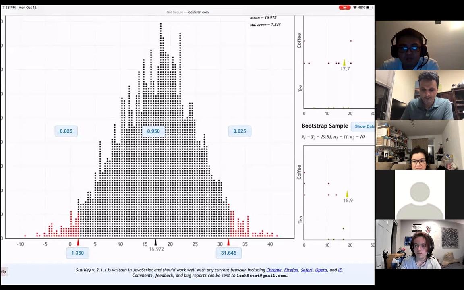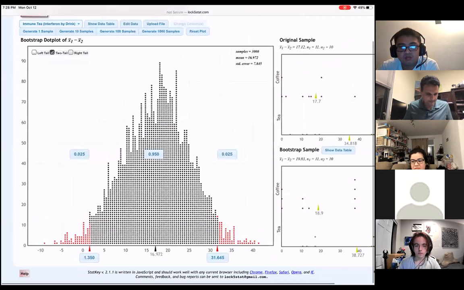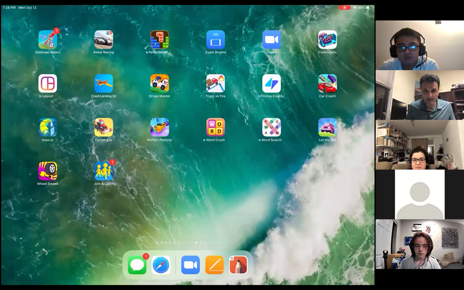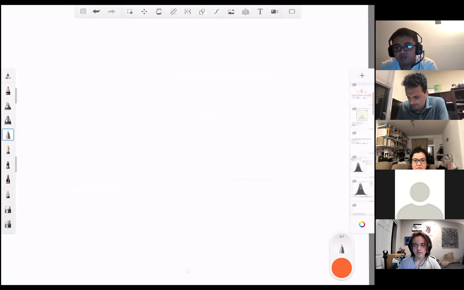They said 95%, so you have to change the model to 95%. All right, what I have here, standard error, I have 7.9 and 1.32 to 32.92.